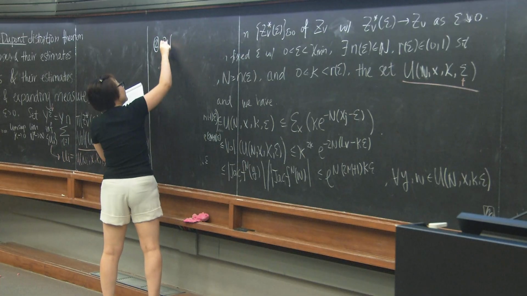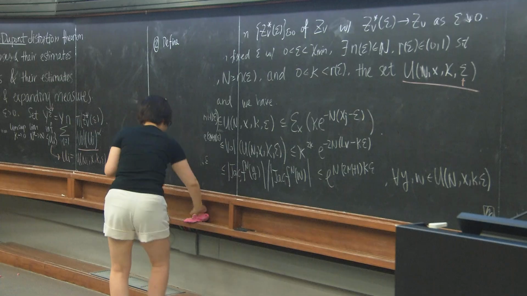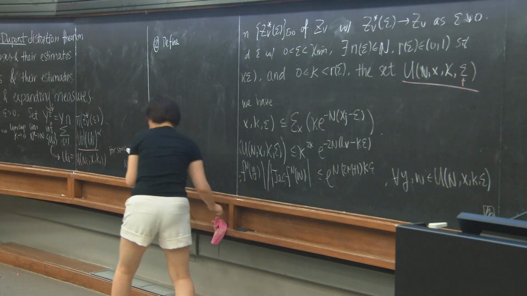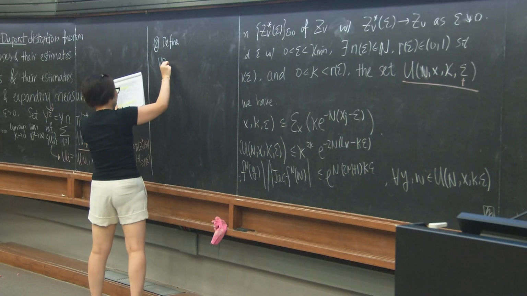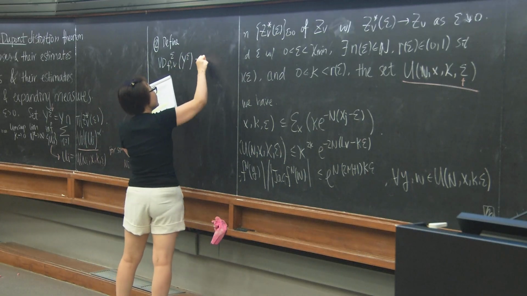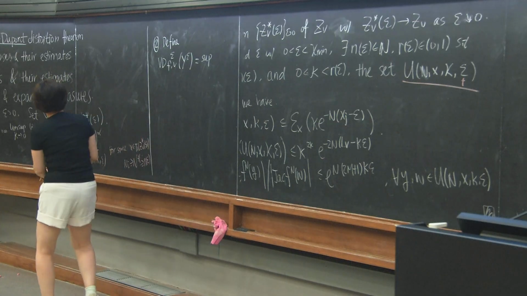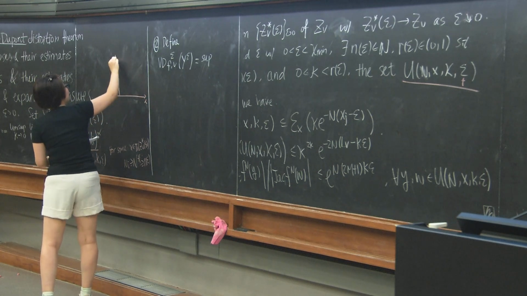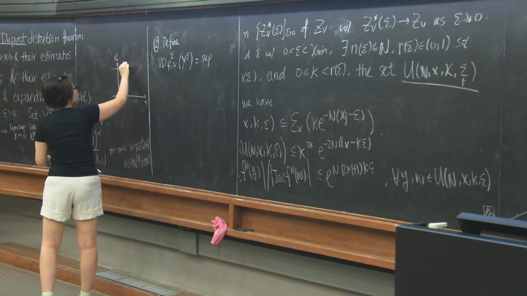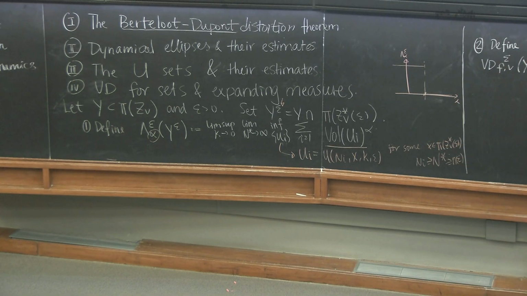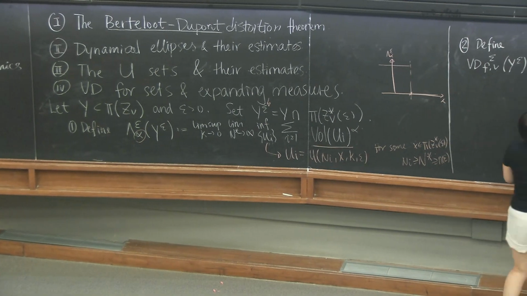So we define the volume dimension at level epsilon, vd f nu epsilon of Y epsilon, to be the sup. So basically this function, lambda epsilon as a function of alpha, is going to be infinity for a while, and then it becomes 0. So basically this is the dimension. So sup, yeah.